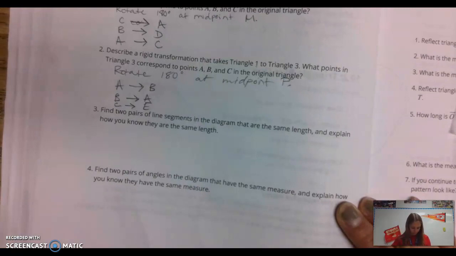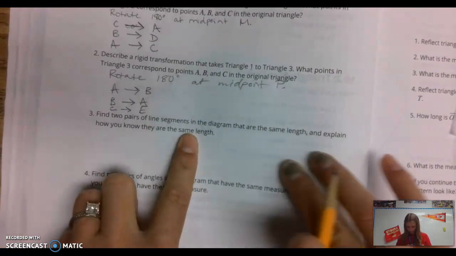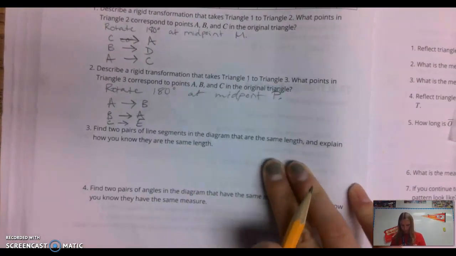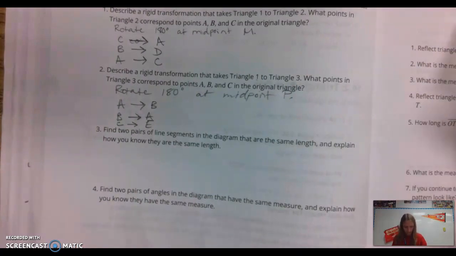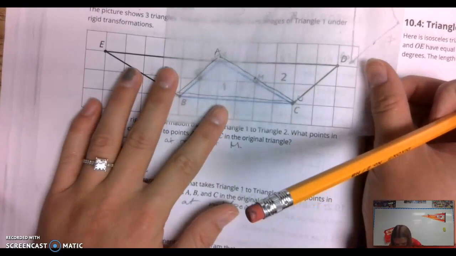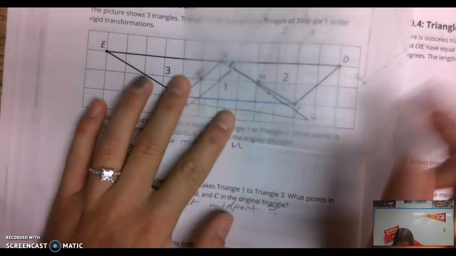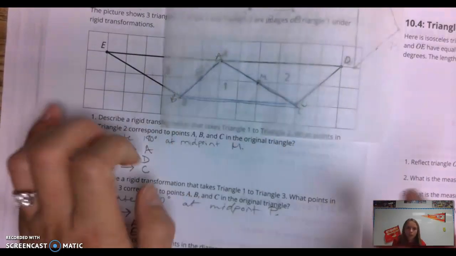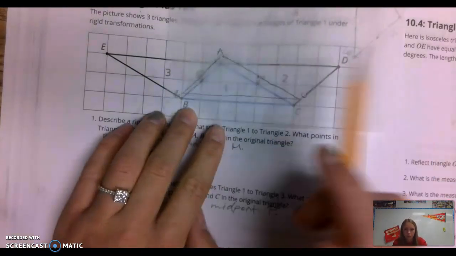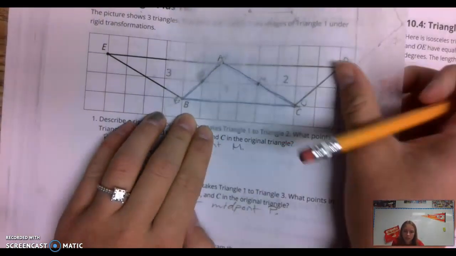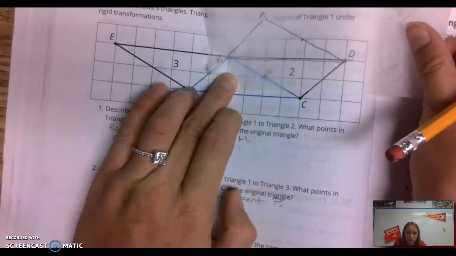Alright, now it says find 2 pairs of line segments that are the same length and explain how you know. Okay, so let's look up here. We want to see line segments that are the exact same length, okay? Well, I can take this original one and see where they match up with. So let's take BC and see where this matches up with.